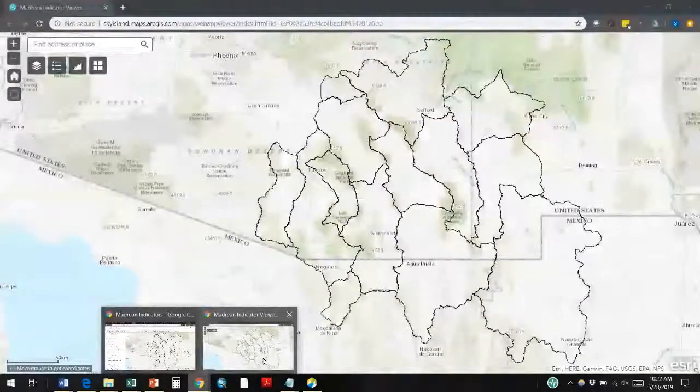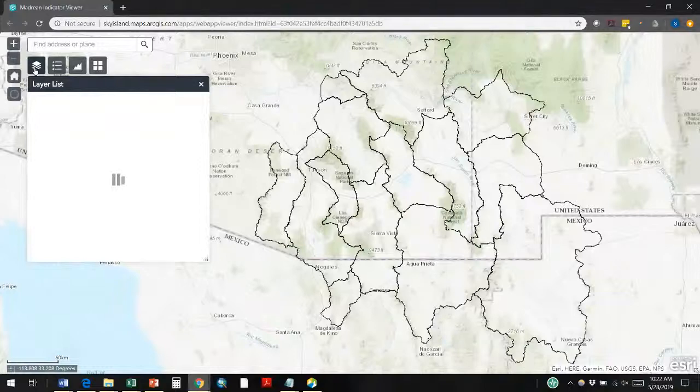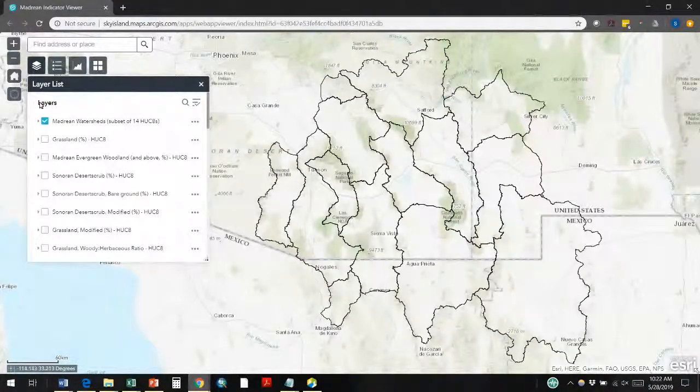So here's that map. Here's the viewer. It shows just that subset of watersheds, not the whole area. And if you go over here, there's a layer list. You can just click on that. And then I have the watersheds as the very top layer, so you can turn that context on or off if you'd like.